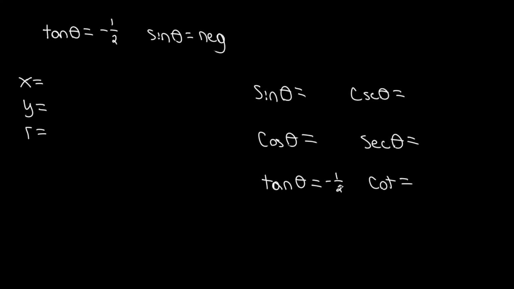We know that cotangent is the reciprocal of tangent, so it would be -2/1, or we would just put -2. Now, this is why it's important to remember what's y, r, and x, where are they, and you'll get it eventually. So sine is y over r, cosine is x over r, tangent is y over x, and then our reciprocals are over here. We're just flipping them.